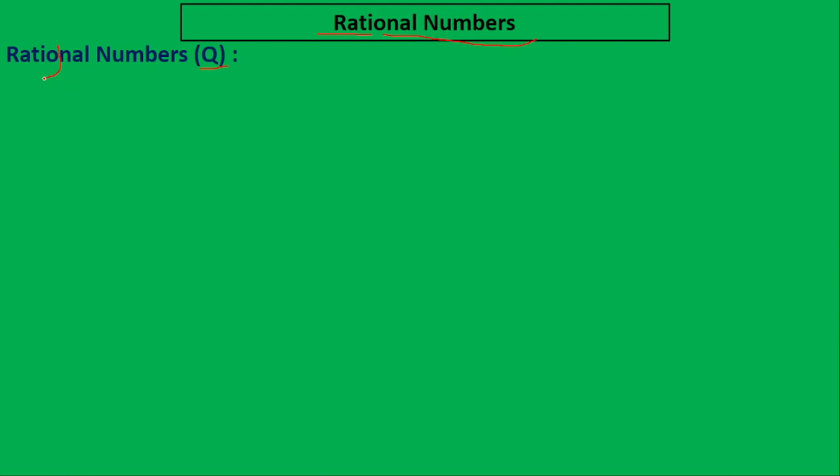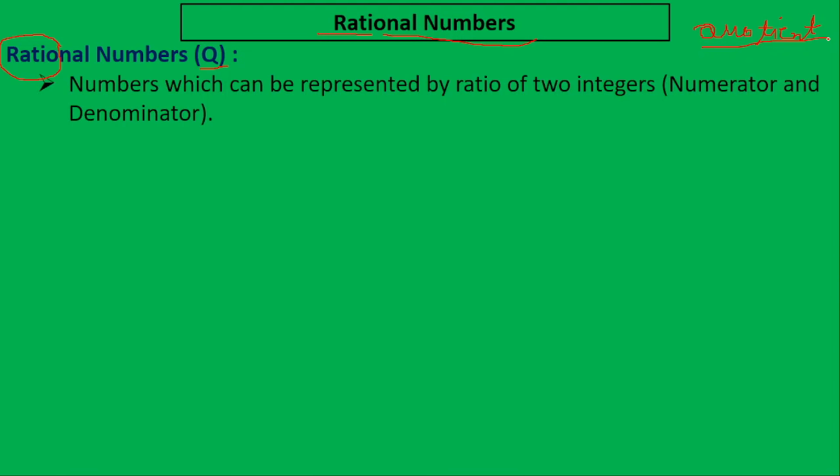For natural number it was N, whole number W, integer Z. Similarly for rational number it is Q. The name comes from ratio, and Q comes from quotient.